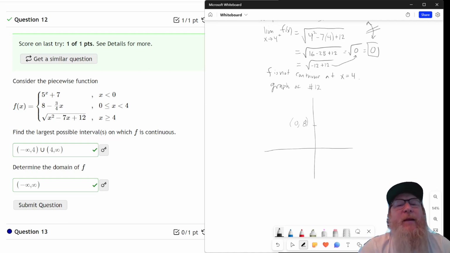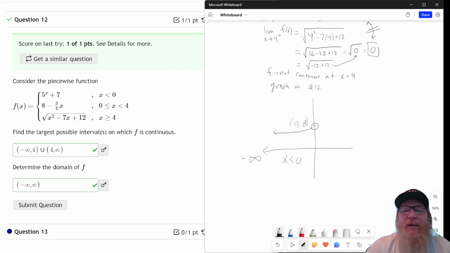All right. Now, technically, it's a hole at first. And then when x is less than 0, that's on the left-hand side, going all the way to negative infinity. It looks like an exponential function like this. And although you can't really see it, it has this horizontal asymptote at 7.